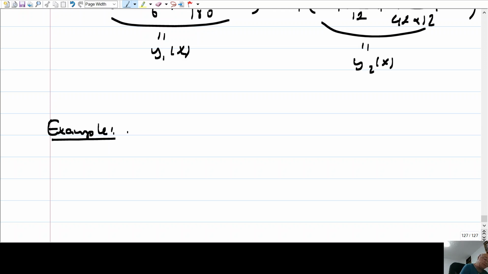All right. y double prime minus x times y prime plus 2y equals 0. Let's find the general solution again.